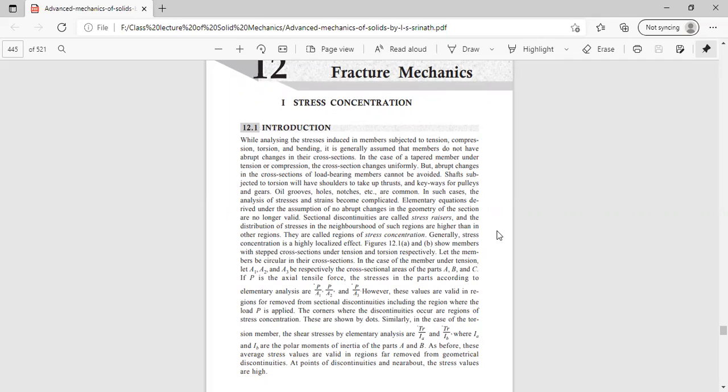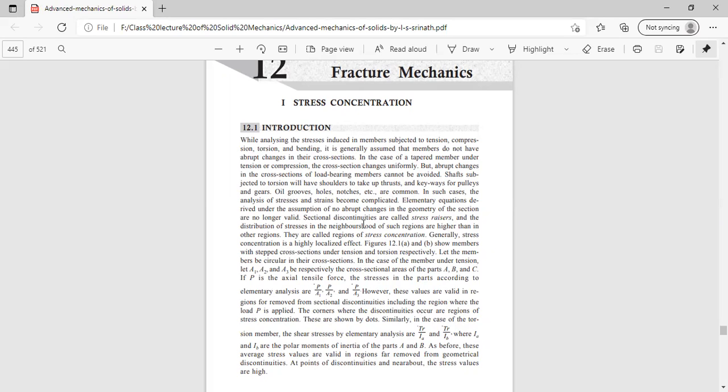We have gone through members which are not changing their cross section abruptly, like a taper member under tension or compression, where the cross section varies uniformly. But there are examples where the abrupt change in the cross section of the load bearing member cannot be avoided. There is some sudden reduction in cross-sectional area.